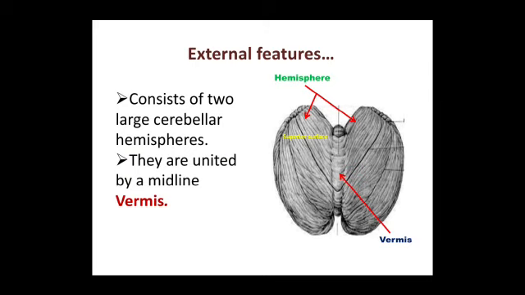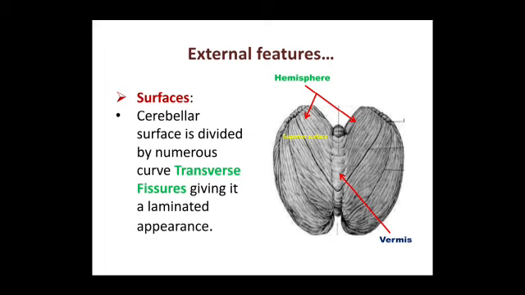It consists of two large cerebellar hemispheres which are united in the midline by the vermis. The surface is divided by numerous transverse fissures, giving it a laminated appearance.